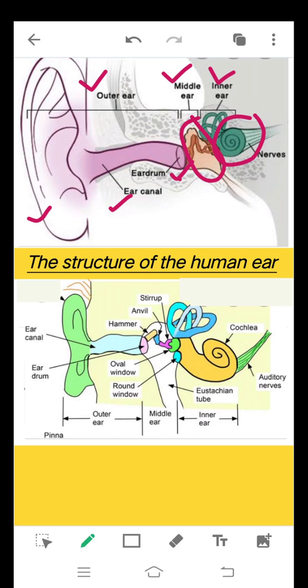Once again, see the second figure. Here, as you can see, the pinna, the ear canal and the eardrum. These three structures constitute the outer ear. The middle ear consists of this cavity having three different bones named hammer, anvil and stirrup.